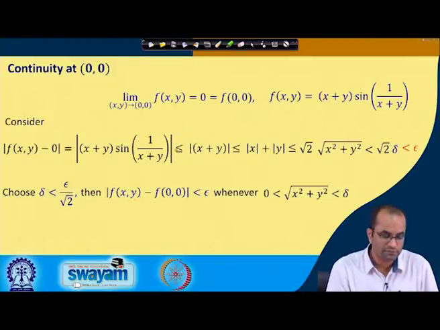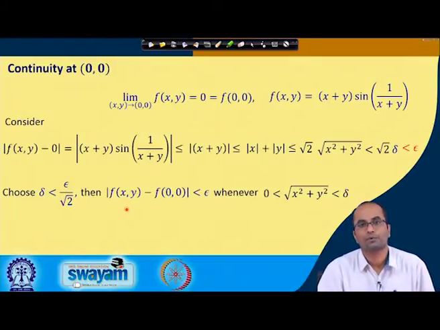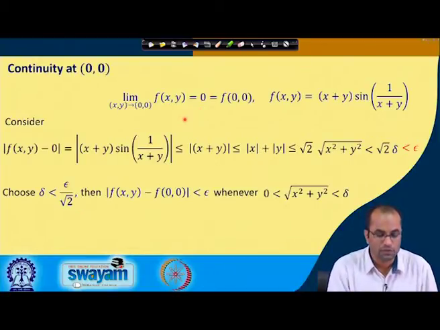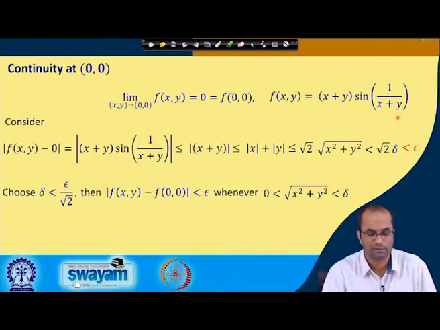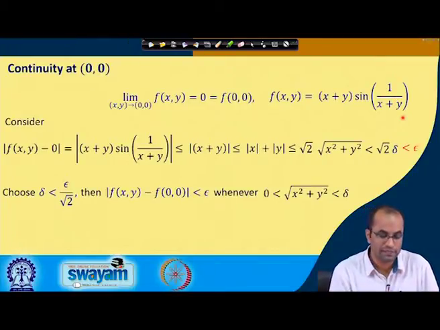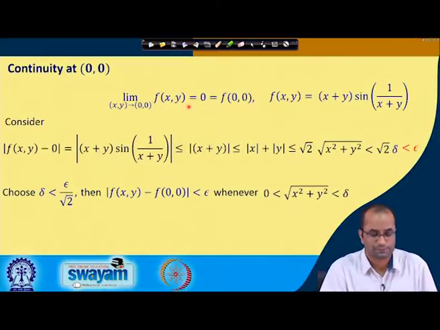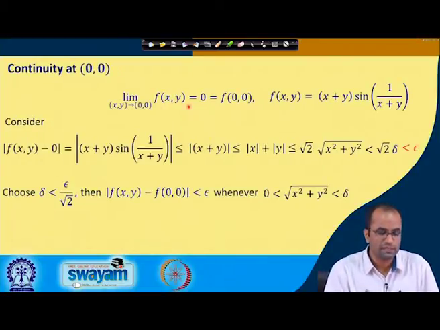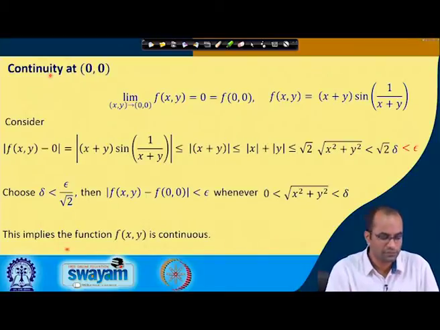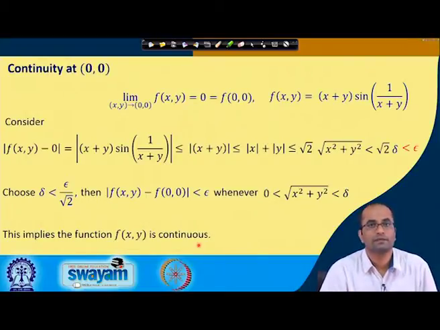So, this is the epsilon delta approach to prove that the given number is the limit of the function x plus y sin 1 over x plus y. What we have seen is that 0 is the limit of this f x y function. So, we have proved the continuity. This implies that f x y is continuous.